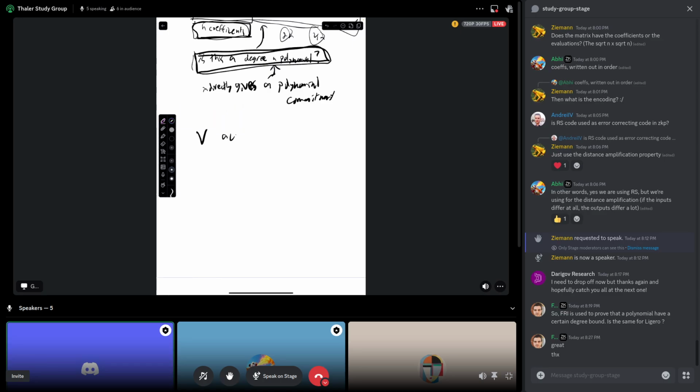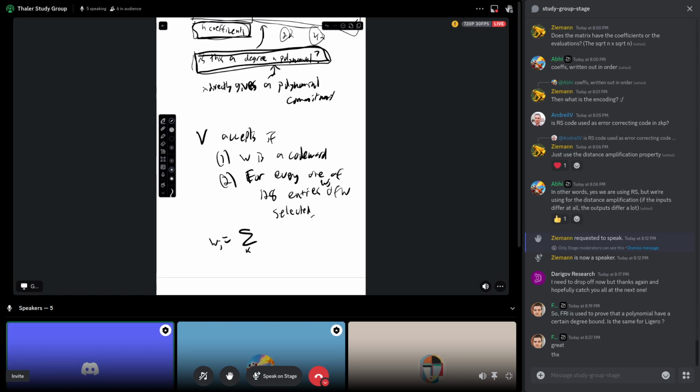So V accepts if, 1, W is a code word in the code, and 2, for every one of the 128 or so entries of W selected, let's call them entries WJ of W selected, indeed, WJ is the same as the sum over rows K of RK times the jth entry of that row.